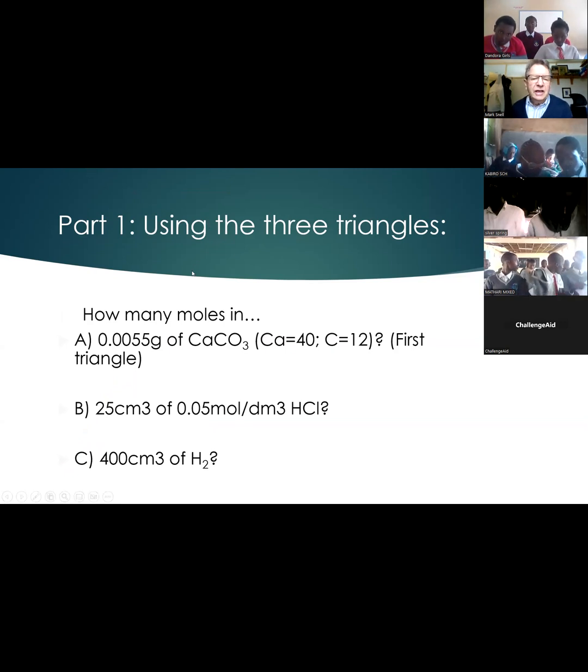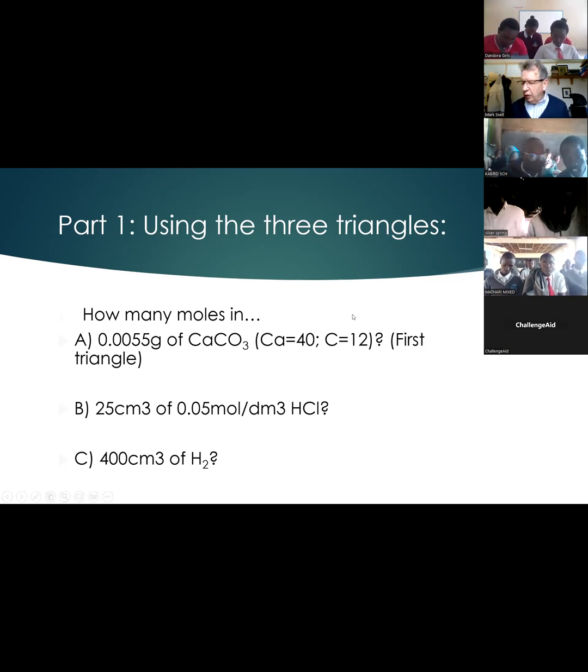So in each one of these, it's asking how many moles. The first triangle says moles equals grams over RMM. The second one, moles, is concentration times volume over 1,000. And the third one, moles, is the volume over 24,000.